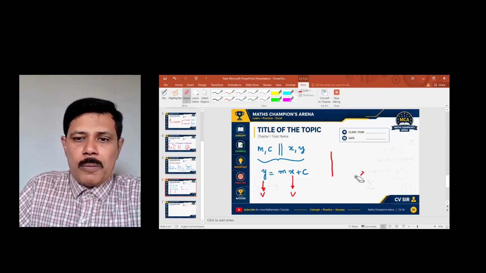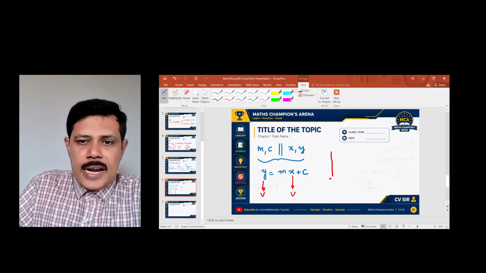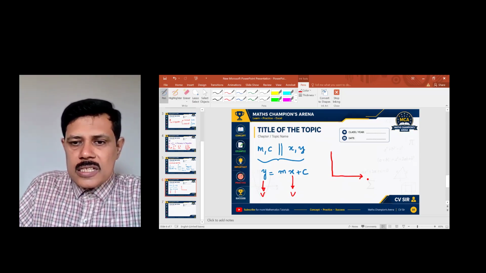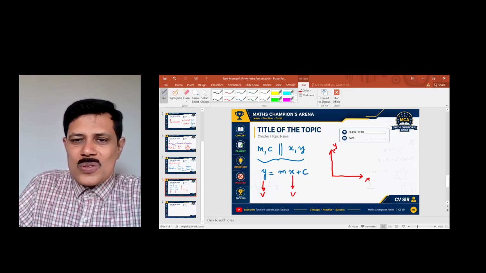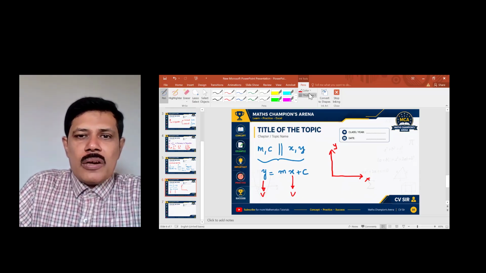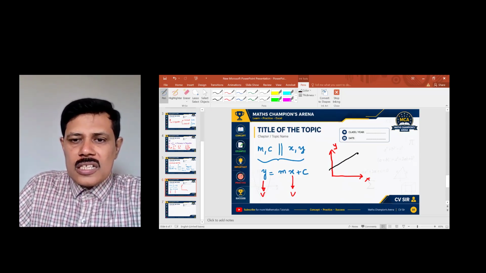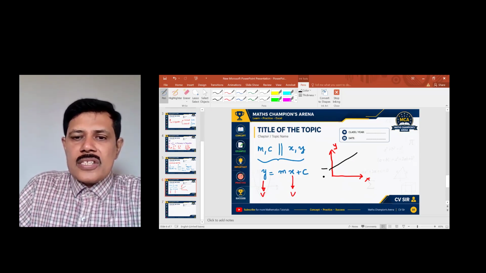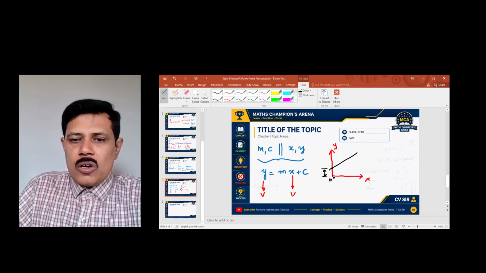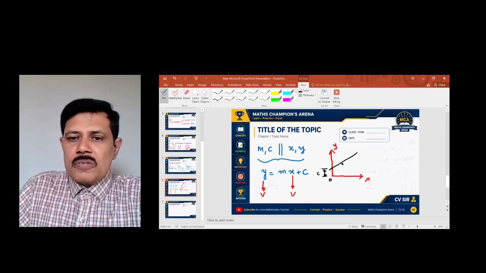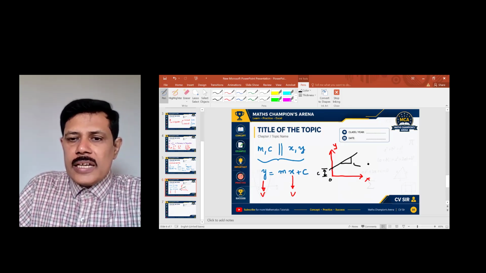I'm not drawing it properly. Let me draw it properly. This is the x axis and this is the y axis. So how can my equation, or straight line, be drawn here? This is my straight line, and this is the origin. The distance from the origin to the place where the line starts is known as c, and the slope of this line is equal to m.